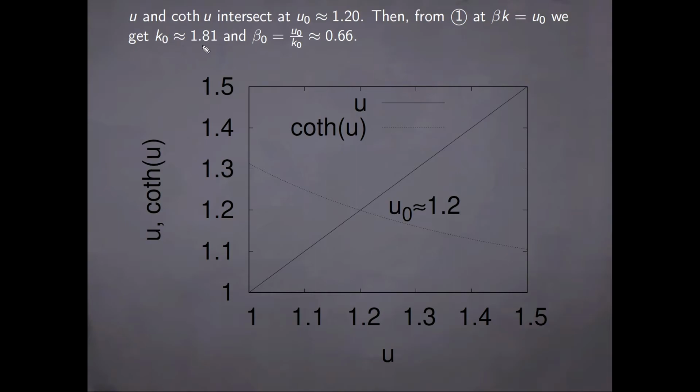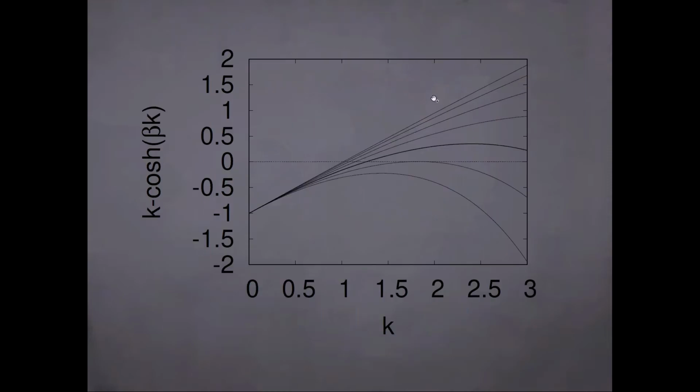And knowing this and knowing the value of u0, we can obtain beta 0 immediately as 0.66. So this would be the critical value of the parameter at which I no longer have two solutions for the symmetrical catenary problem, but rather I have a single solution. And for greater values of beta 0, I will have no solutions because the values of k become complex.